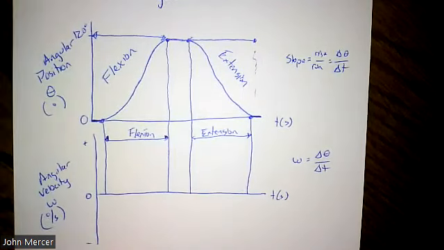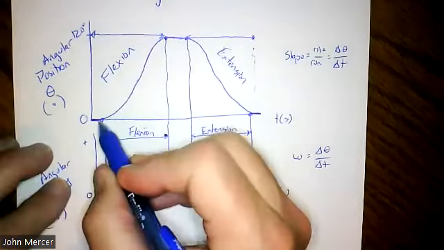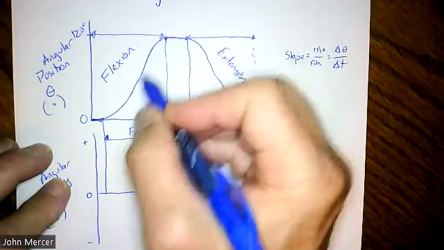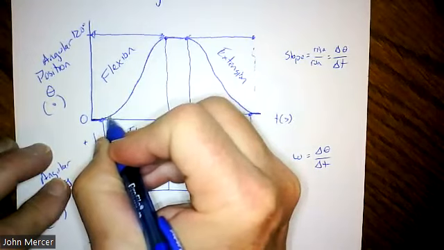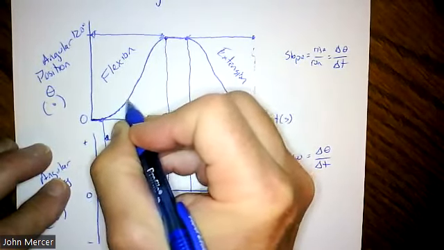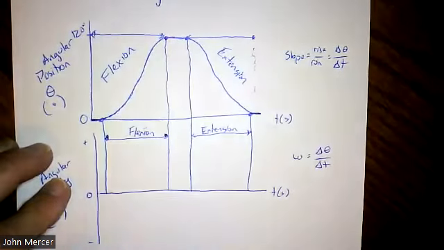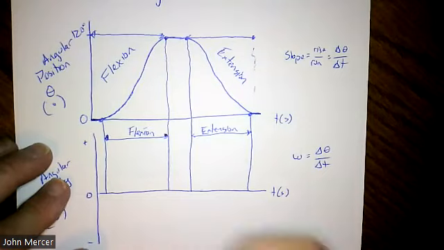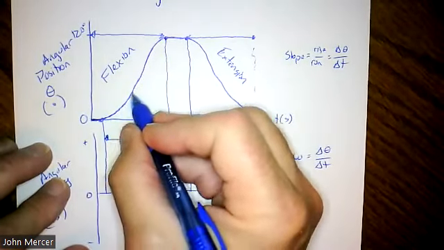Well, let's identify the direction of angular velocity to begin with. And let's look at the direction of the slope anywhere in this region. And if we look at even little itty bitty times in here, I could make these dashes if I want. I know you can't see them, but if I make dashes here and look at the slopes in little sections of this curve, we would notice that all the slopes are positive.